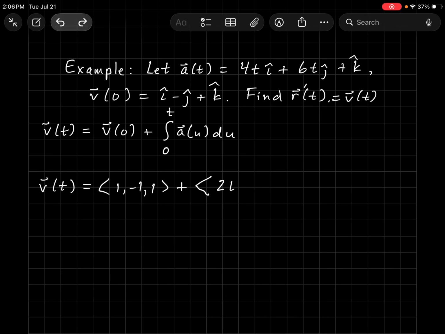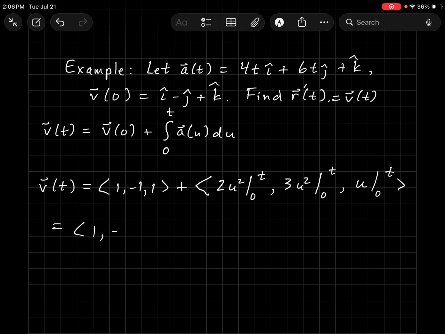Let me go back here because I do have a dummy variable, so it's going to be the integral of 4u, really. So 2u squared from 0 to t. I'll try and get my details to all match up. And then the integral of 6t, but it's really with my dummy variable u, so I'll have 3u squared from 0 to t. And the integral of 1 with respect to u will be u from 0 to t.